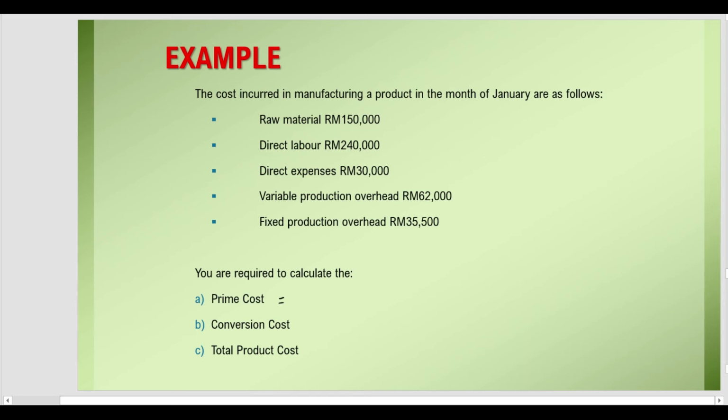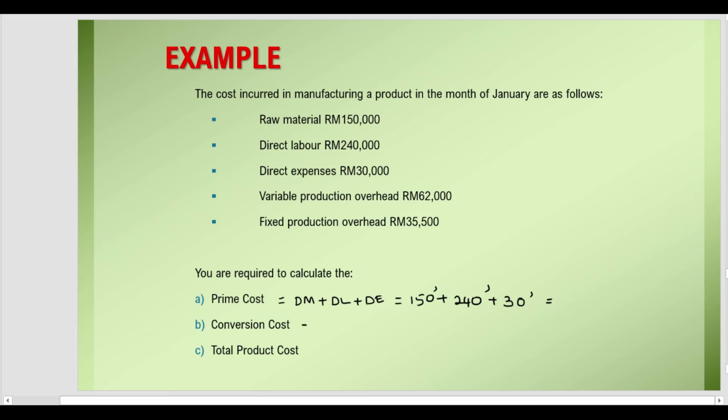Remember, prime cost equals DM plus DL plus DE, direct material plus direct labor plus direct expenses. So 150,000 plus 240,000 plus 30,000. So you calculate how much.